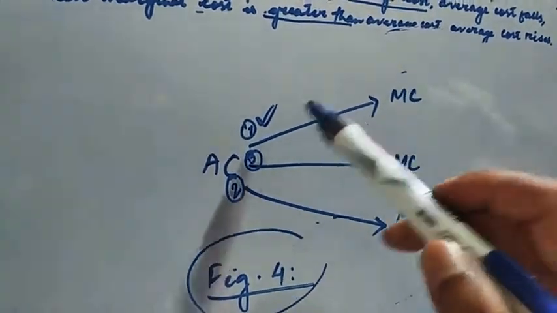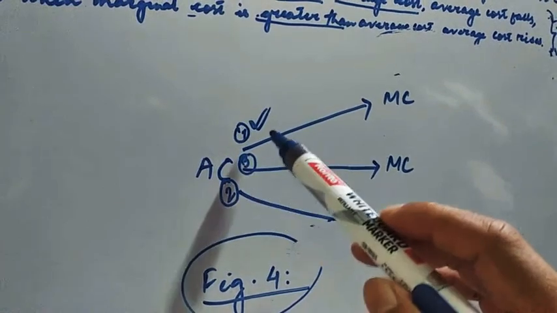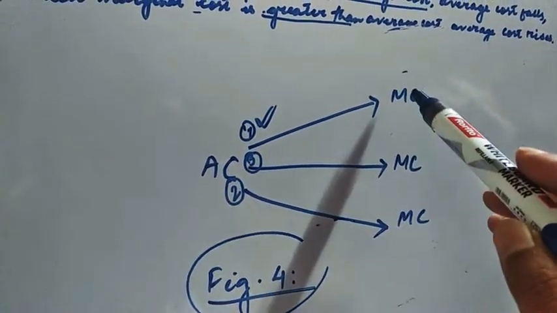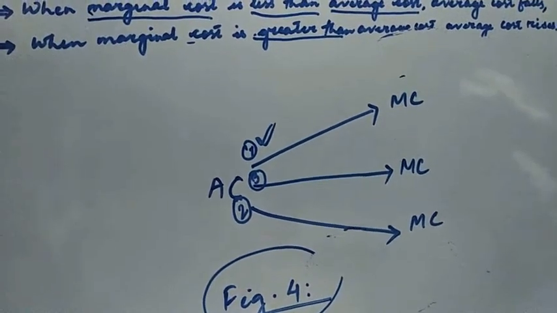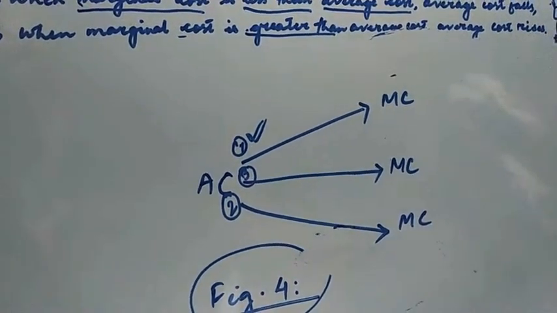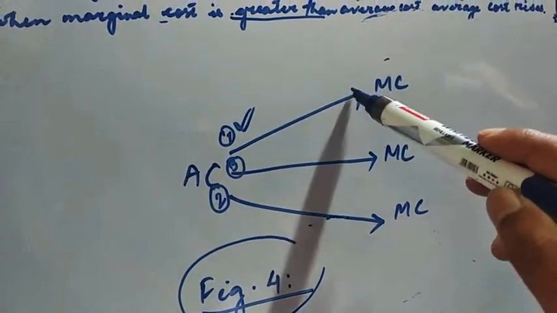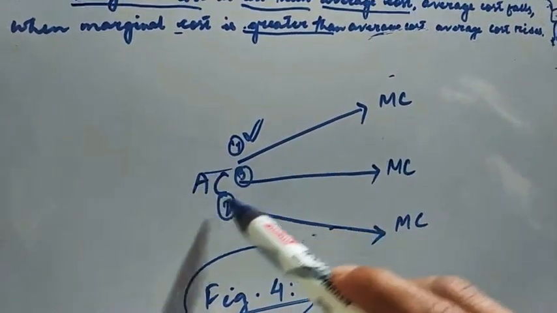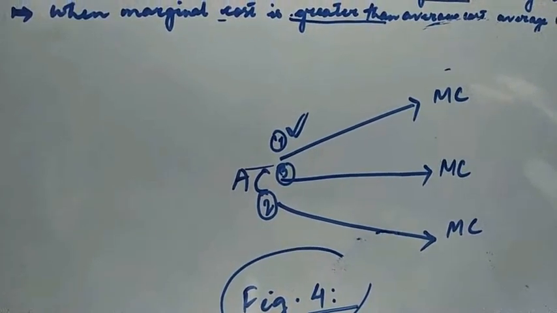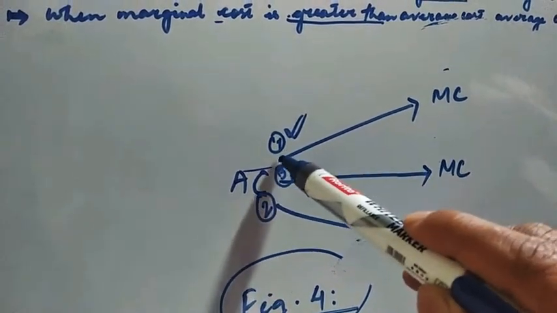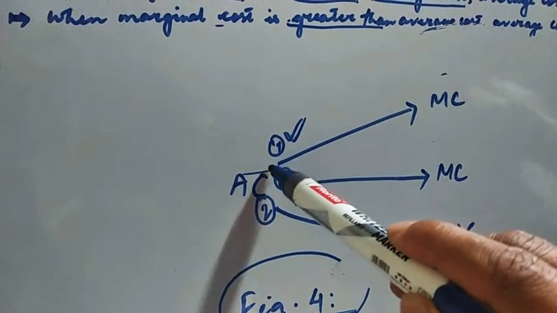In this first case, marginal cost is above average cost. What will happen? The average cost rises. So here the average cost is rising.